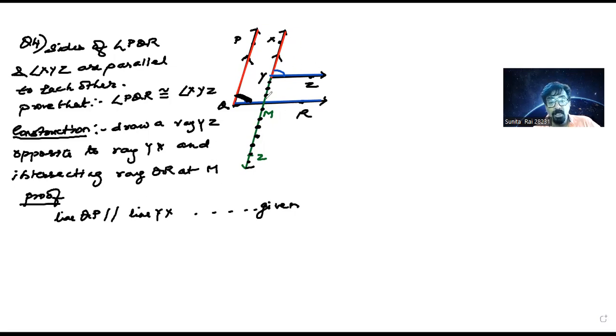Now, which is the transversal I'm going to take for these two lines? You can see here, line QP and line YX. Can you see the line goes on extending? You can imagine. So QR is a transversal. So I better say on transversal QR. Now, why are you looking at this transversal? Because the angle PQR which you want lies on this transversal.